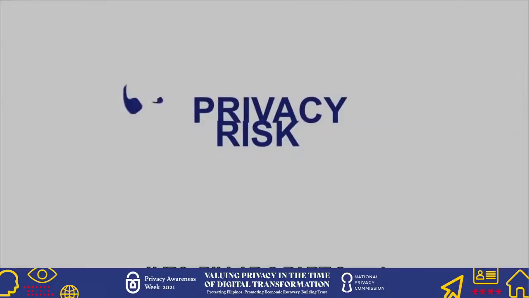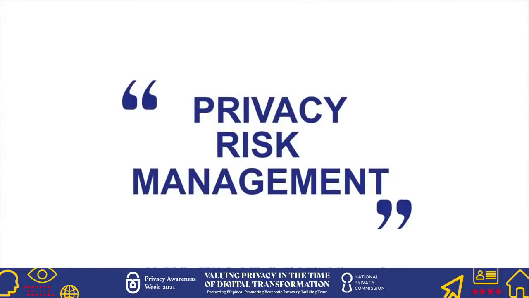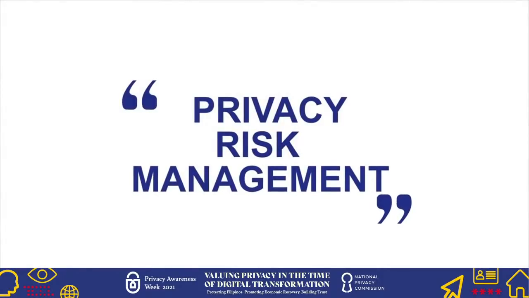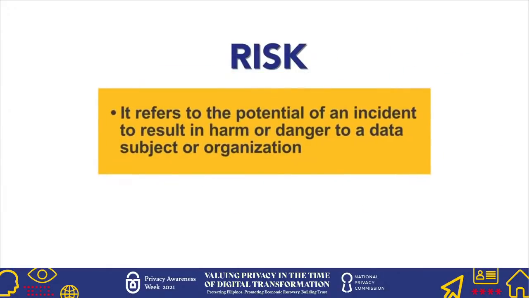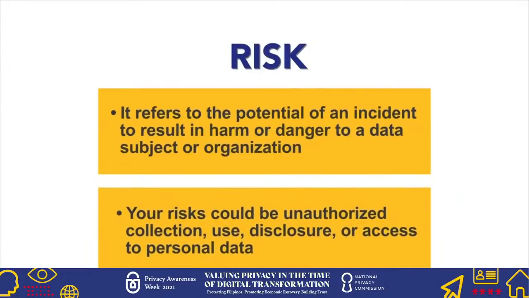Now let's talk about privacy risk management. To understand this better, we need to start by defining risk. It refers to the potential of an incident to result in harm or danger to a data subject or organization. Your risk could be unauthorized collection, use, disclosure, or access to personal data.